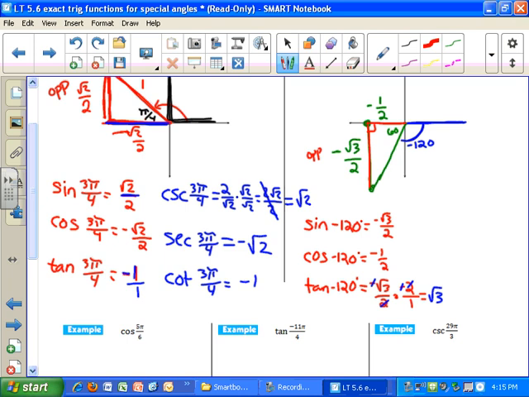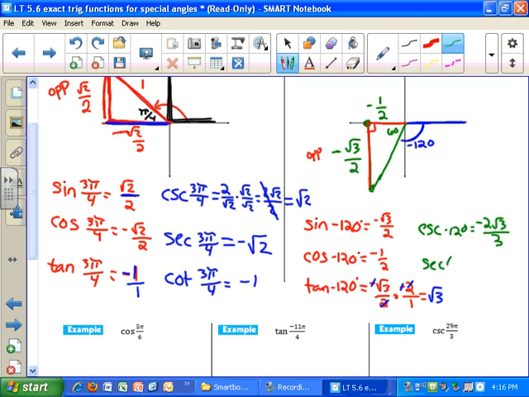Why don't you try to find the cosecant, secant, and cotangent values, and then pause the video, and I'm going to write down the functions right now. So if you want to try it on your own, now's your chance to pause it. But the cosecant of negative 120 is negative 2 square roots of 3 over 3, I'm sorry.